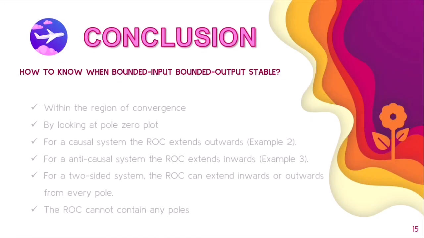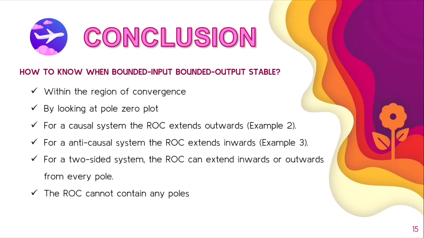In conclusion, to craft a system that is actually useful by virtue of being causal and stable, we must ensure that it is within the region of convergence, known as ROC. This can be ensured by looking at the zero plot. The function exists when the ROC is in the area of the pole-zero plot of the transfer function.